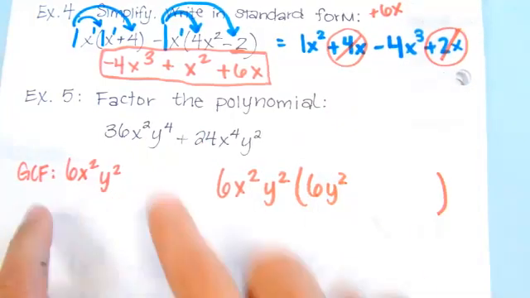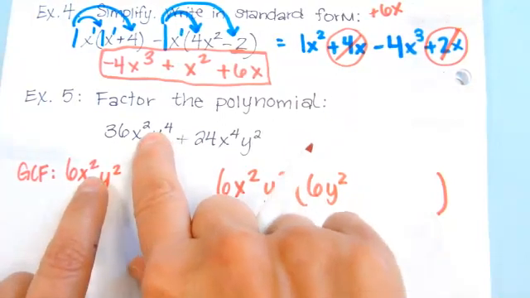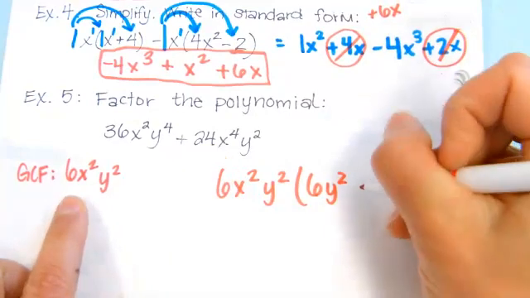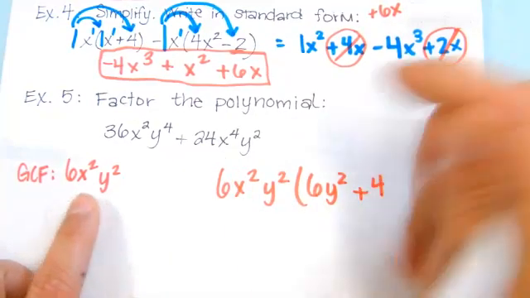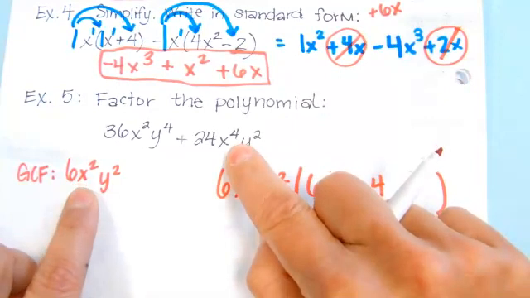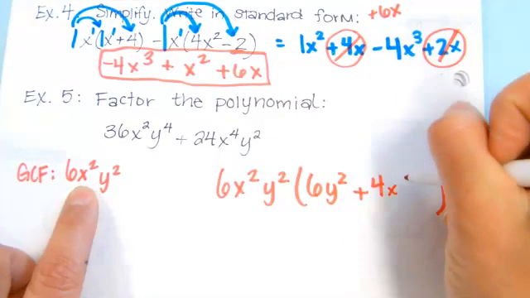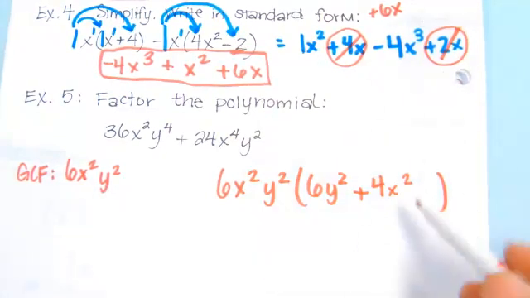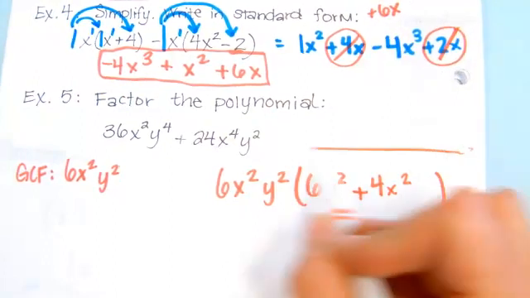That's all that's left. 24 divided by 6 gives us positive 4 here. If I take 2 x's out of my x to the fourth, what am I left with? 2 x's. How many y's would I be left with? 0. So this is the answer. Sorry, it looks kind of weird, but this is the final answer here.